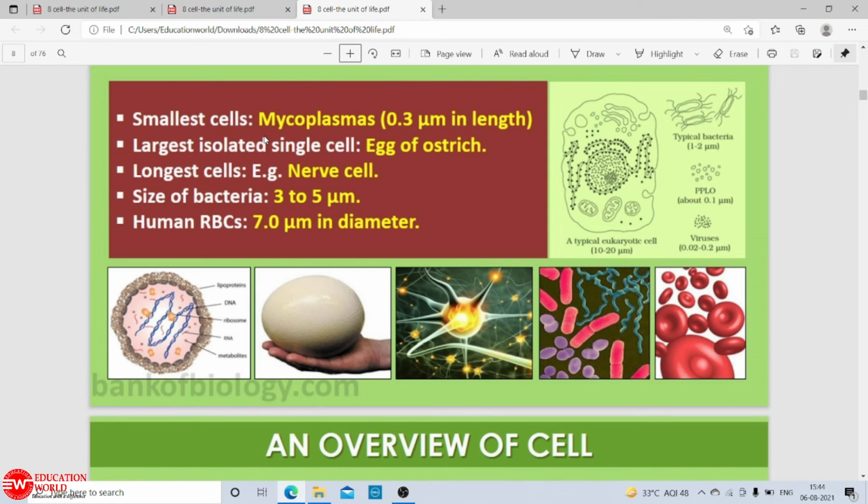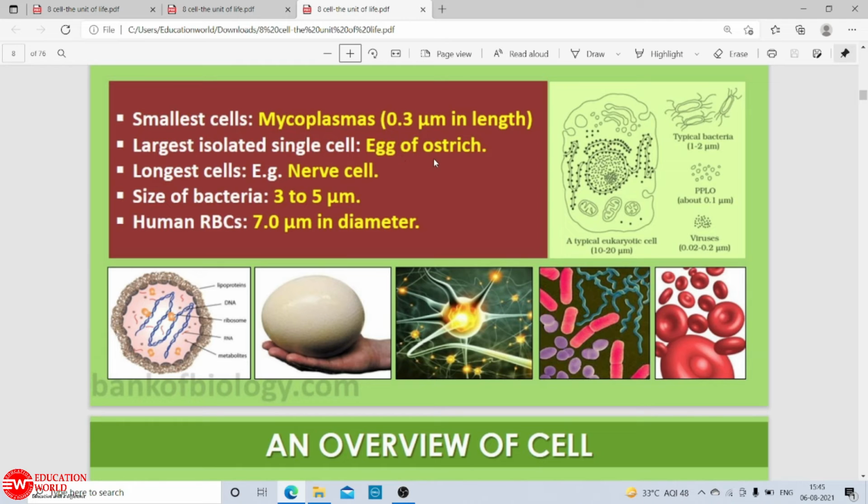Now, if we observe the cell with respect to its size, the cells vary in size from the smallest, mycoplasma, which has a size of 0.3 micrometer, to the cells which are in millimeters, like the ostrich egg.